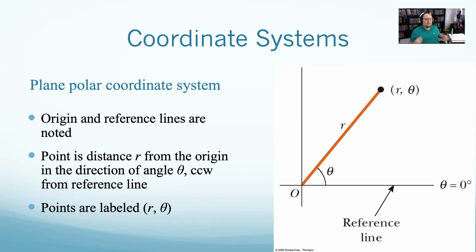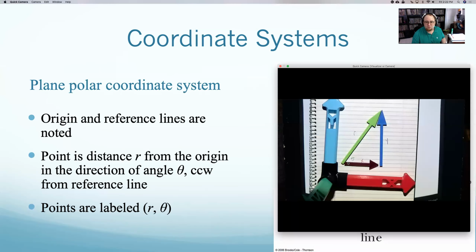We're going to have to make sure we can bridge this discrepancy. We have to be able to convert between a distance and an angle, theta, and X and Y.